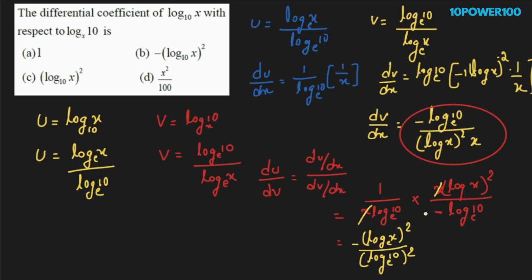Log 10 the base e into log 10 the base e becomes log 10 the base e the whole square. So overall this can be written as minus of log x the base e whole divided by log 10 the base e the whole square.